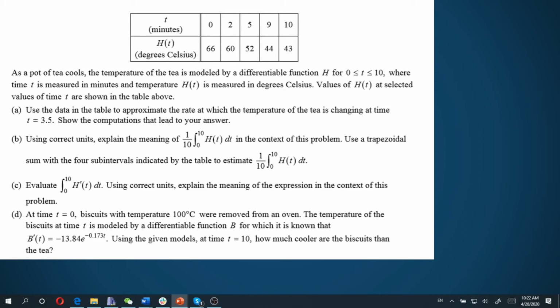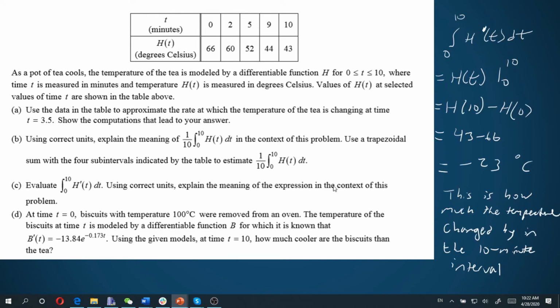Brendan? Yes. Oliver wants you to explain the C again. Oh. Okay. So C is how much our temperature has changed between minute 0 and minute 10.